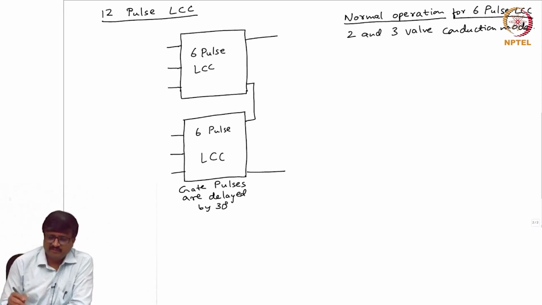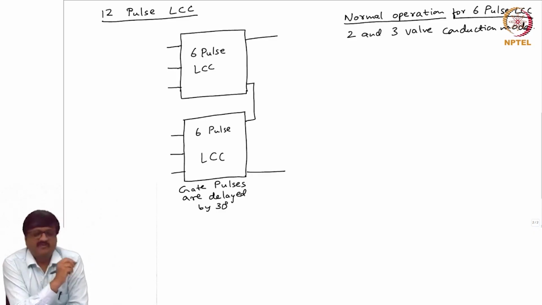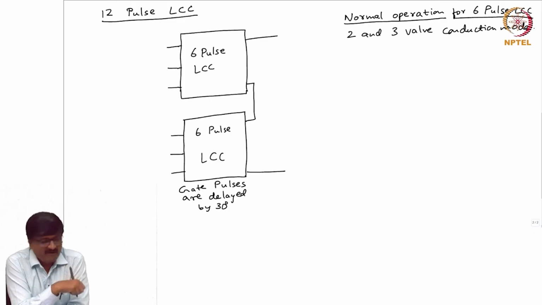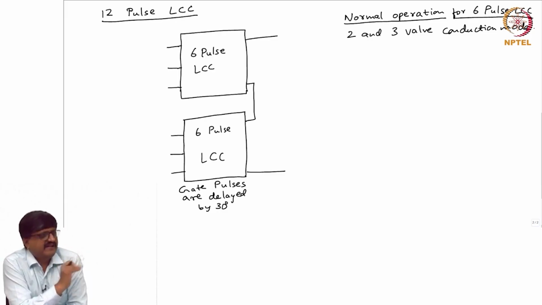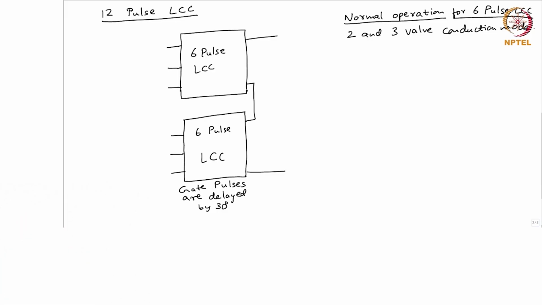Let us assume that both 6 pulse LCCs are having normal operation. Then at any instant, if I take all the 12 valves, so now in the 12 pulse LCC I have 12 valves. At any instant, what is the number of valves that conduct? Assume that the voltages on the AC side of the 12 pulse LCC are balanced, sinusoidal, and the equivalent leakage inductances of the two transformers are equal.